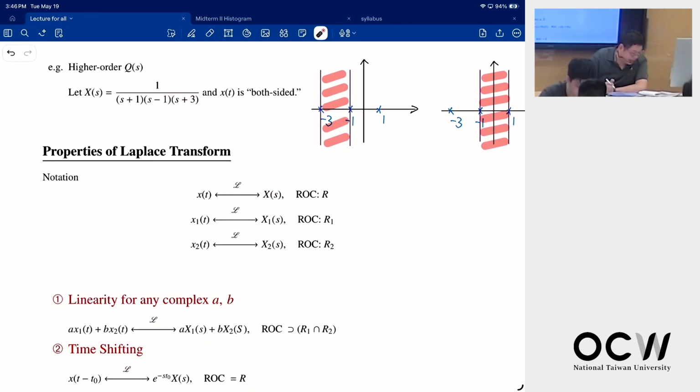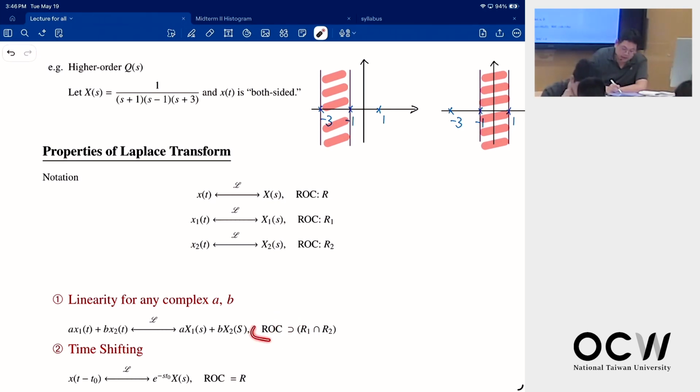But this is not the final result. We also need to care about the region of convergence. Here, the region of convergence is at least the intersection of R1 and R2.